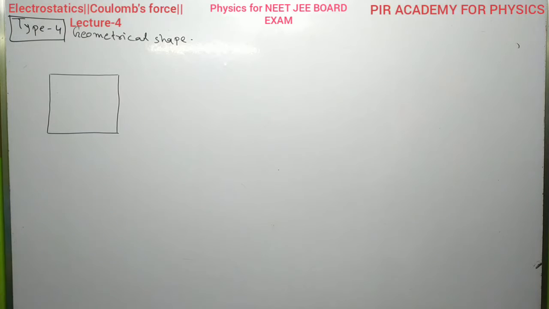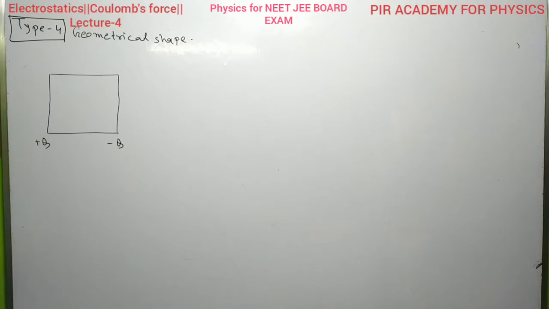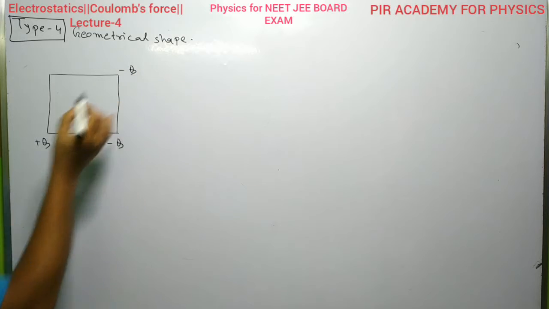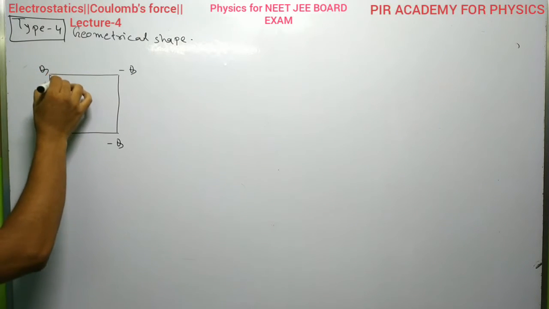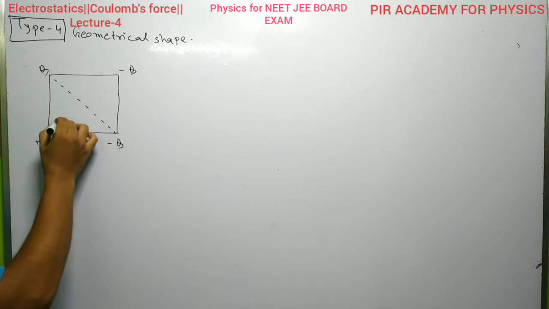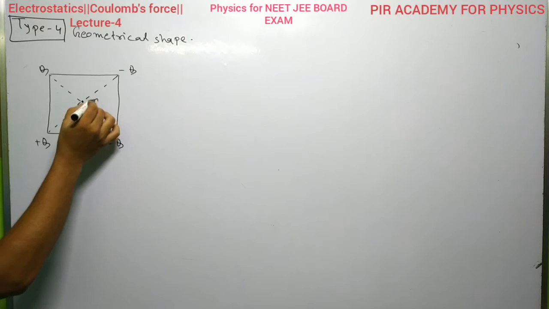Suppose this is minus q, this is minus q, this is plus q, this is minus q, another is minus q, and here is plus q. So another charge q is placed at the center.